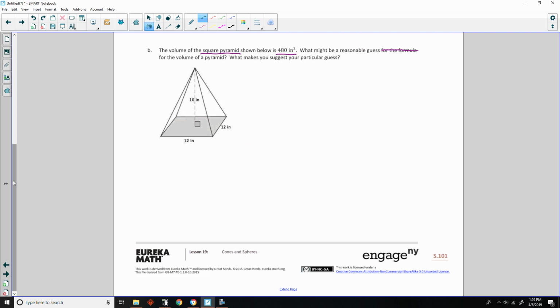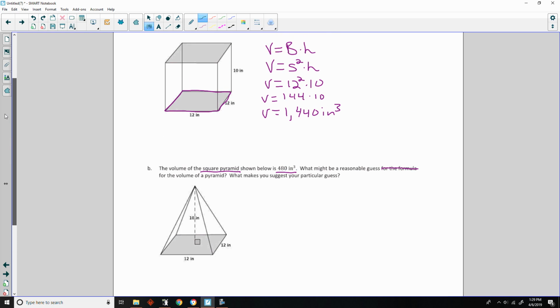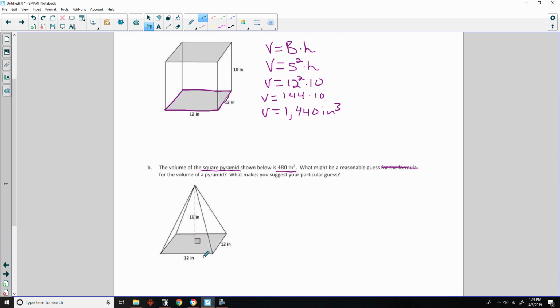Okay, so what is this? Well, it's a pyramid that's cut away from the same base size as this, and since a cone is a third of a cylinder, then I would assume that a pyramid would be a third of a square prism. So I would say it'd be 1/3 of this.